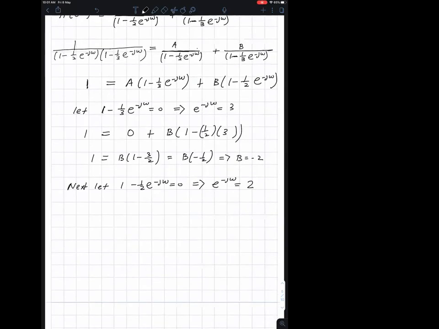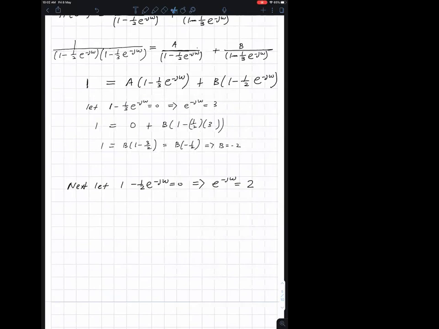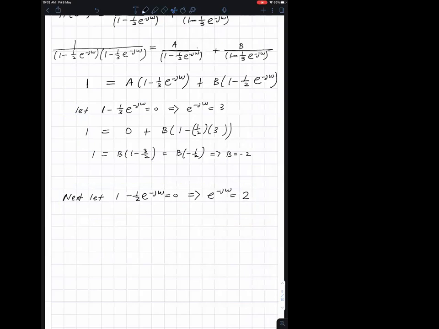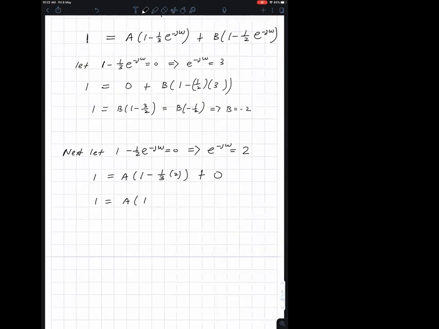Next, you plug into the above equation. Okay, never mind, I bring this over here a little bit. 1 equals A... 1 equals 1 minus 2/3.